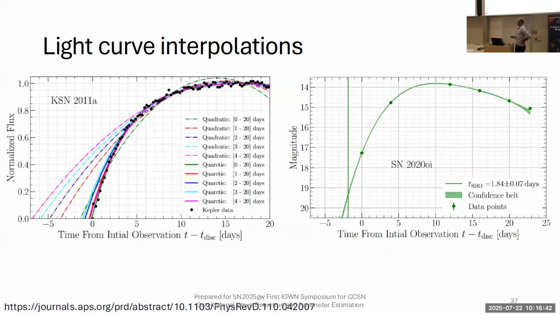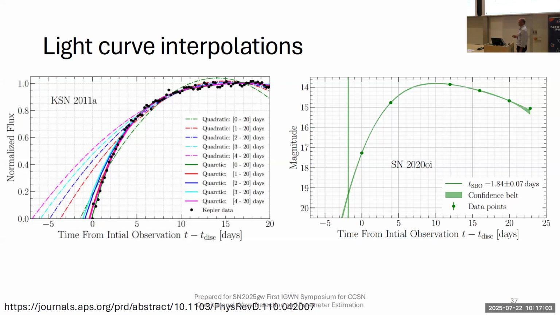So currently we are using a quartic polynomial interpolation. And what we do, we take the homologous phase of the light curve up to the peak, just because the shape is fairly universal between different core collapse supernovae.